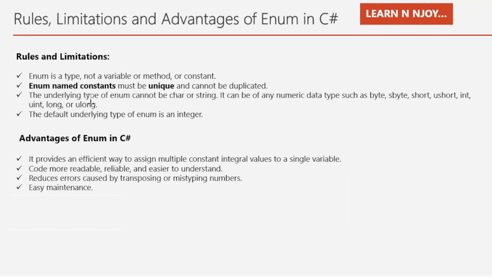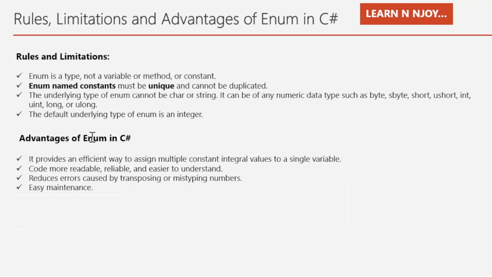The third one, the underlying type of enum cannot be char or a string, it can be of any numeric data type such as byte, sbyte, short, int, uint, long or ulong. The default underlying type of enum is an integer. Let's suppose if we don't provide any underlying type explicitly, then it will be considered as an integer. That's what the rule says.